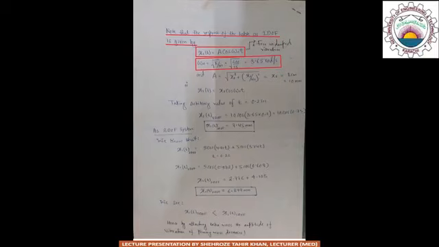Also, for a free undamped vibration system for a single degree of freedom system, the amplitude, that is A, is equal to under root x naught square plus x naught dot square upon omega naught square, where x naught is given in the equation as 1. Therefore, x1 of t is equal to x naught cos omega n t.